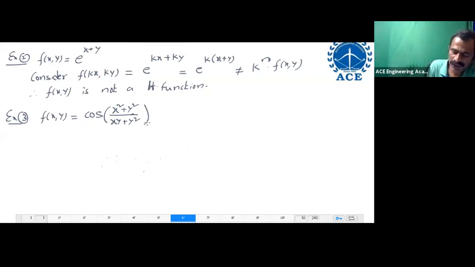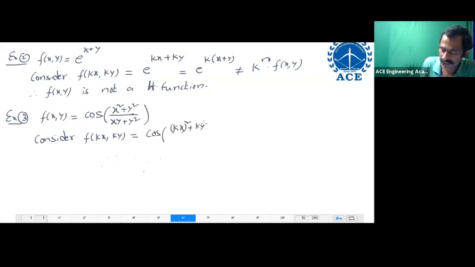So to check whether it is homogeneous or not, again we verify the same condition. Consider f of kx comma ky equal to cos of kx square plus ky square divided by kx into ky plus ky square. This is equal to cos of, in the numerator, k square is common.